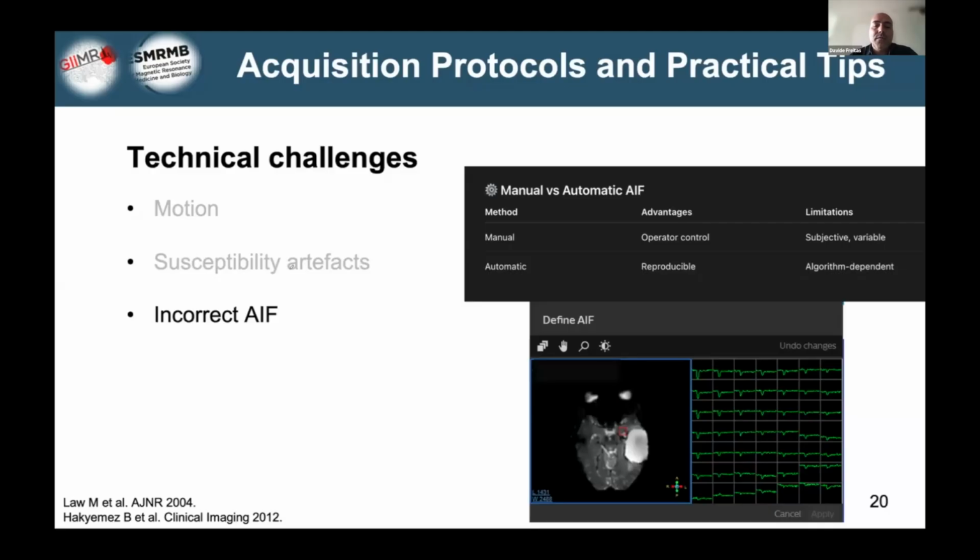If the chosen vessel is affected by partial volume effects, delay, dispersion, or noise, the resulting curve will be inaccurate, leading to errors in the perfusion metrics. AIF selection is typically localized in the middle cerebral artery because of the high signal to noise ratio and the early arrival of contrast, and we must look for the best, most representative curve.